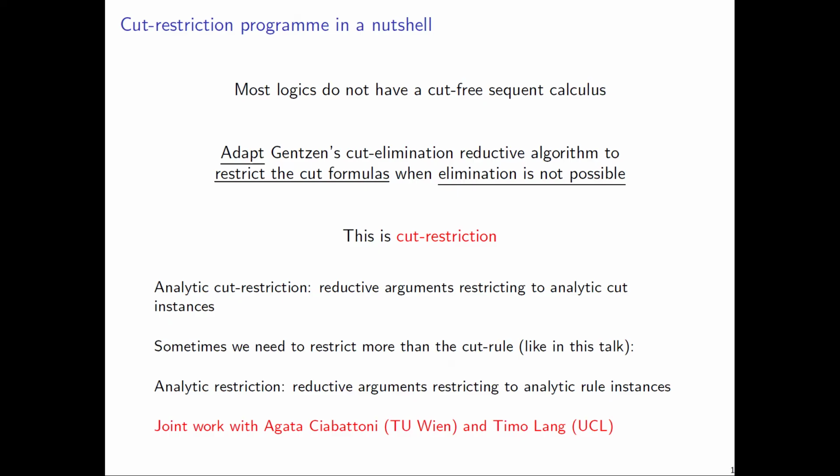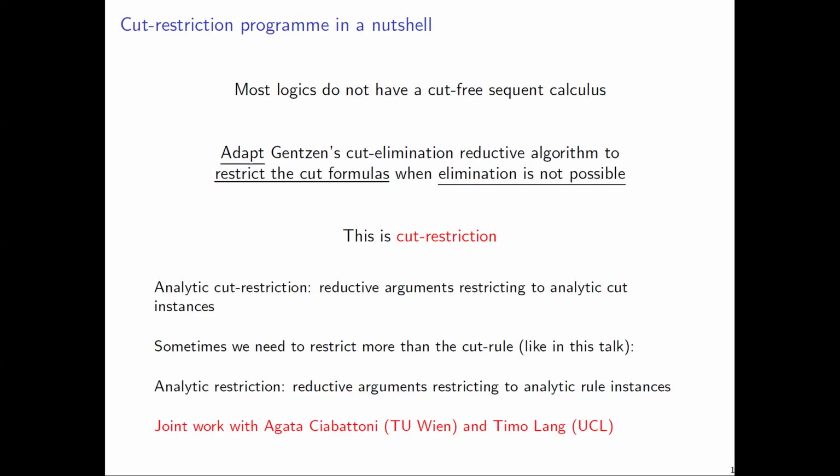Instead of eliminating them, instead of moving to a new system where we can eliminate them, we want to stay inside Gentzen's familiar sequent calculus system, and accept cuts, but restrict the cuts that need to appear. Okay, so rather than elimination of cuts in some more complex system, we want to restrict the cuts. This is what we call cut restriction.